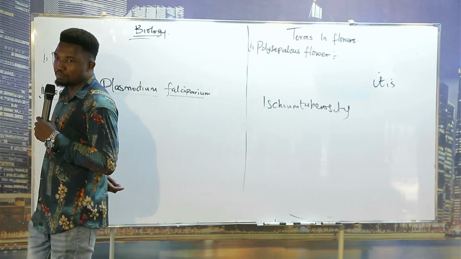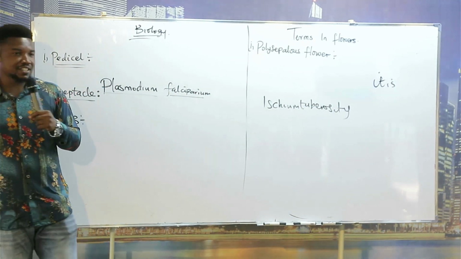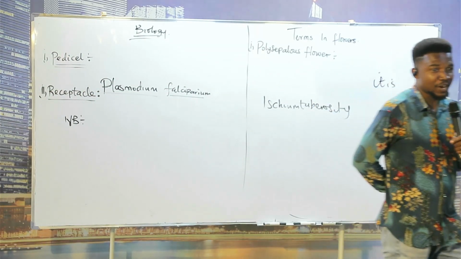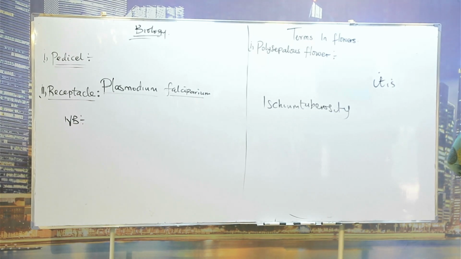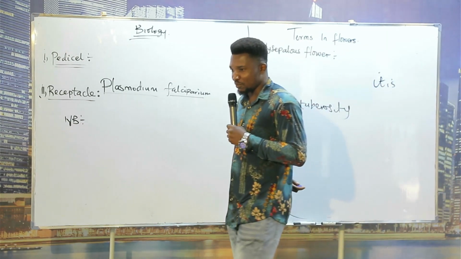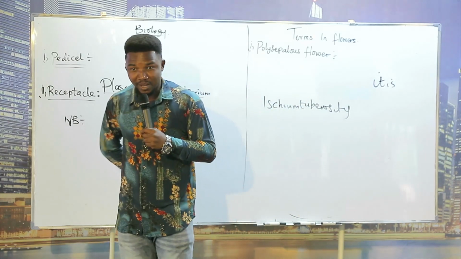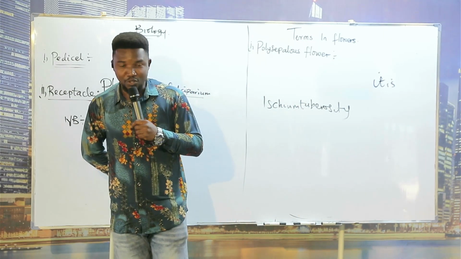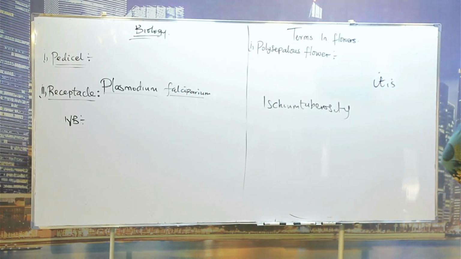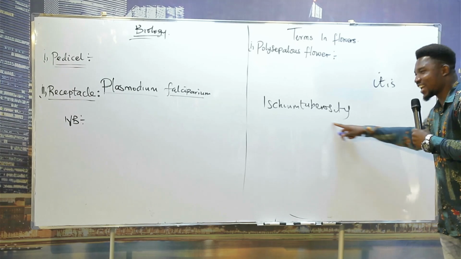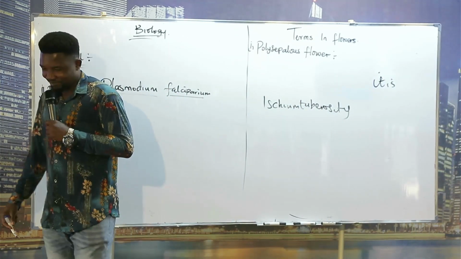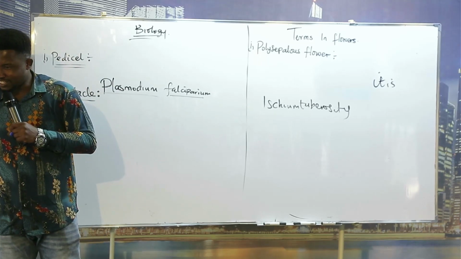The hip bone is divided into two, and each half has three fused bones: the first is the ilium, the second is the pubis, and the third is the ischium. You are already sitting on your ischium as I'm talking to you right now.